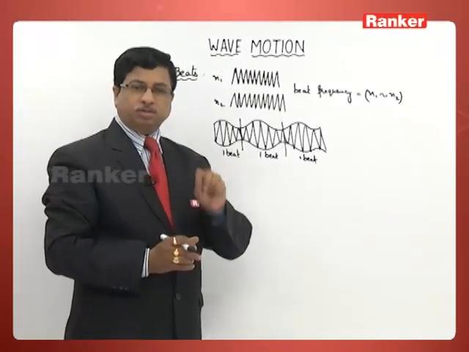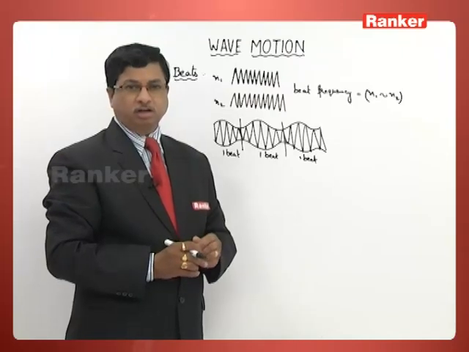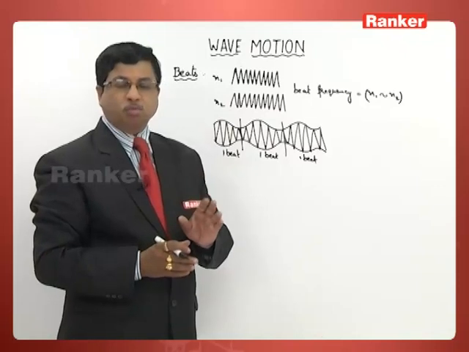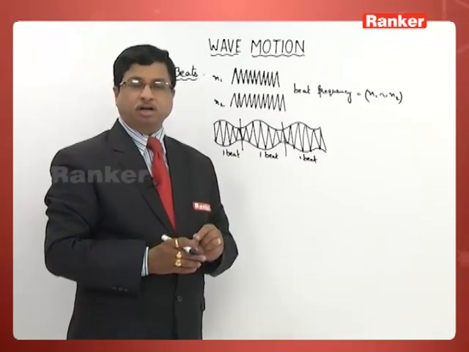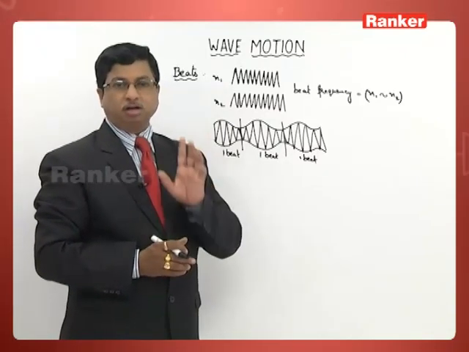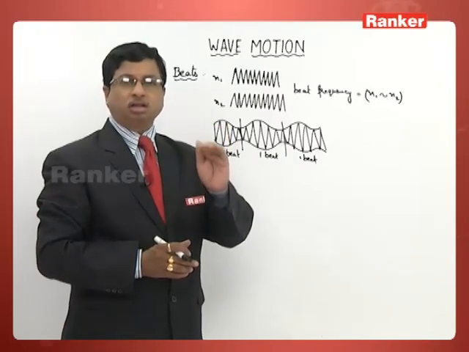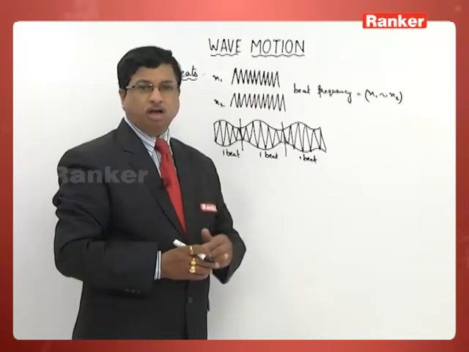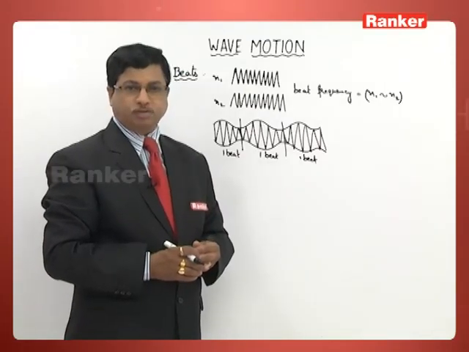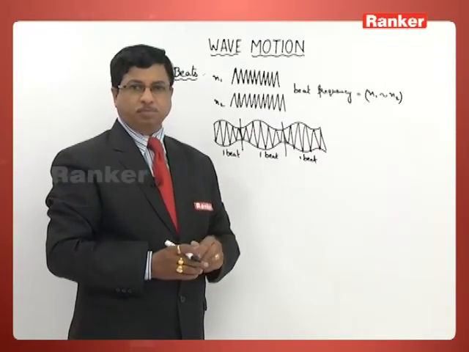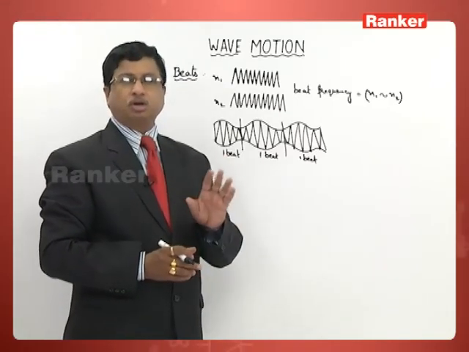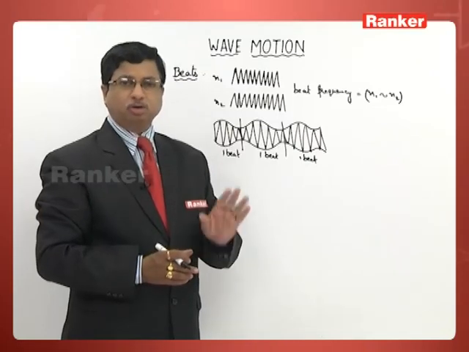According to that concept, the maximum number of beats we can hear per second will be 10, not more than 10. Below 10, whatever number of beats we produce in any system can be heard very clearly. Even up to 10 we can hear. Beyond 10 it is not possible for the human ear to hear them.